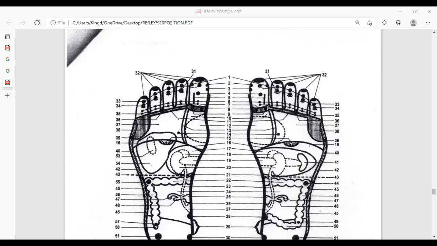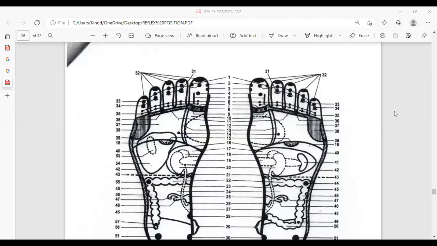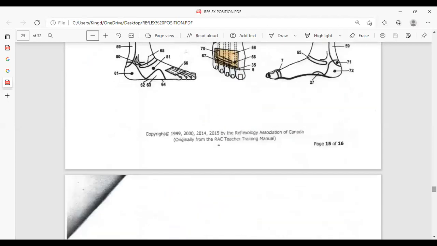So we're going to look now at the chart. Let me see if you are able to recognize the different points in the feet.